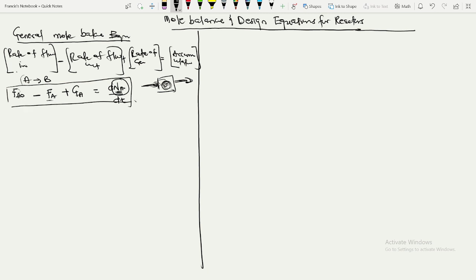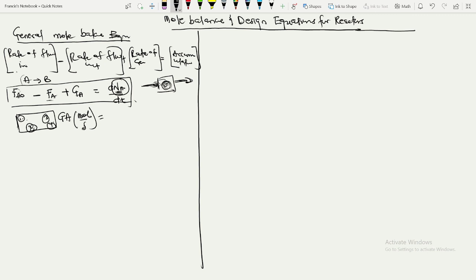So let's come to our generation. Now with the generation, when we take any reactor, at each point in the reactor, say point 1, point 2, point 3, point 4, the rate of generation differs. The rate of generation of A is supposed to be in mole per second, right?